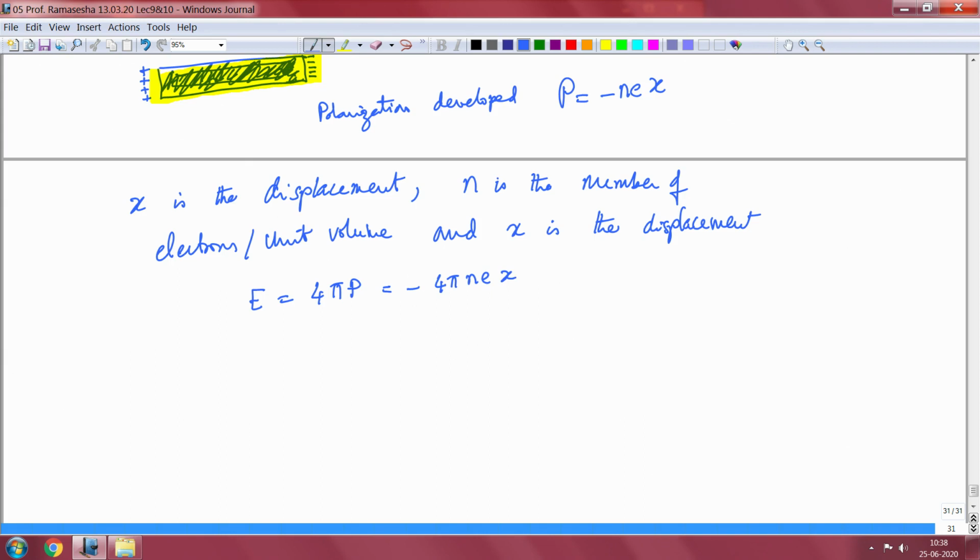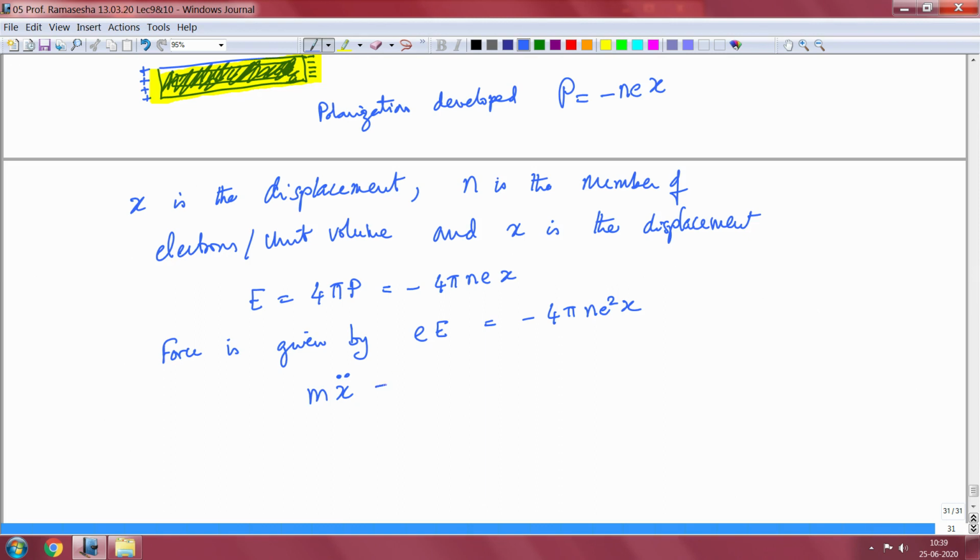So the force is now given by E times the electric field, which is minus 4 pi NE squared x. And this force is the one that is making this mass of the electrons go back and forth. So I can write down the balancing equation, which is m x double dot. Double dot means you differentiate x twice with respect to time, so that is the acceleration.